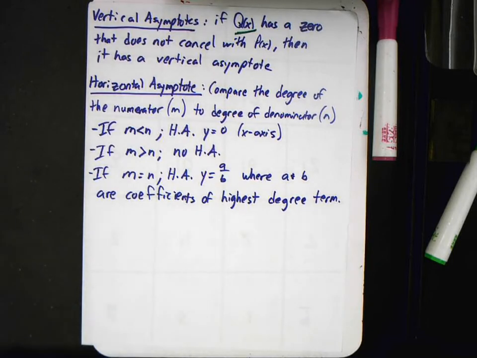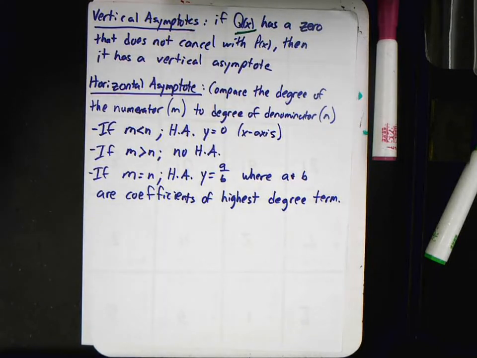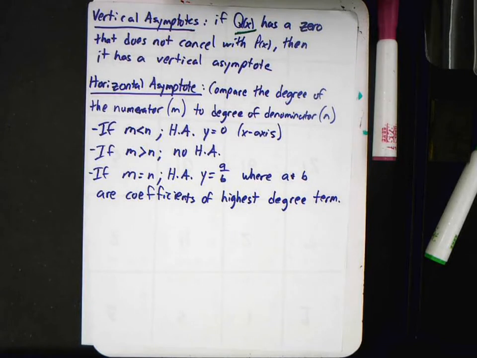In some instances, you'll be able to factor the denominator and numerator. If they can cancel out, then it is not a vertical asymptote. But if your denominator doesn't cancel out with anything, whenever that is equal to 0, it's going to be a vertical asymptote. We'll do some examples in class that show this more specifically and a bit easier. And the other one is the horizontal asymptote.